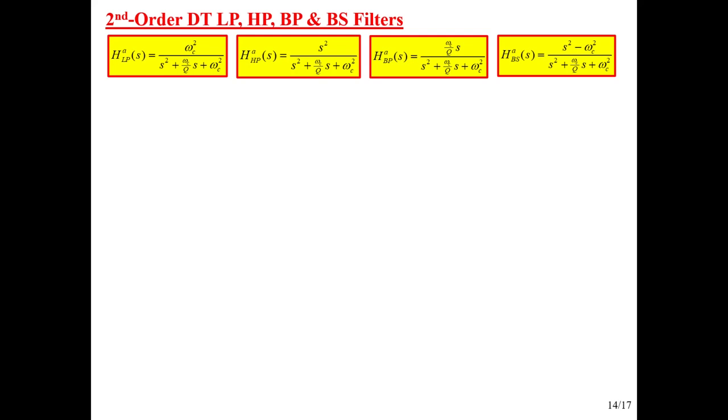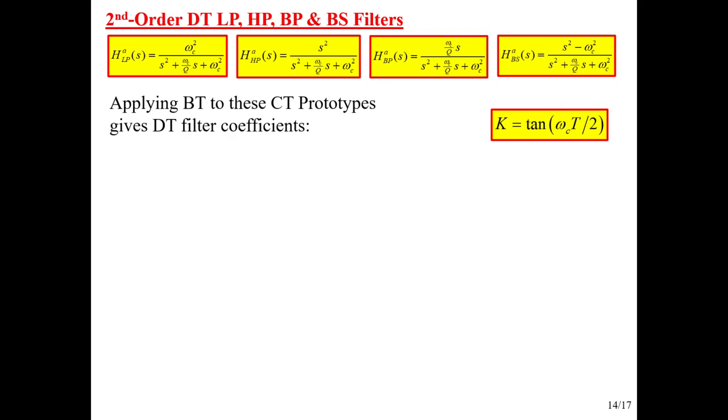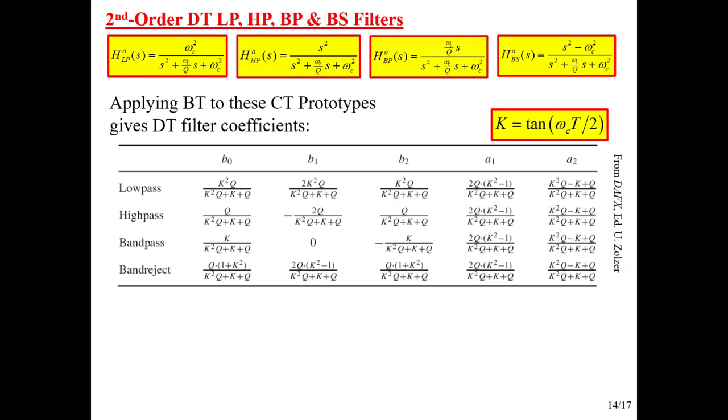Okay, second order case. Here are our four second order filters: low pass, high pass, band pass, and band stop. And we're just going to plug in for all the S's and do a bunch of algebra. But Zolzer has done all that for us and given us this nice table.